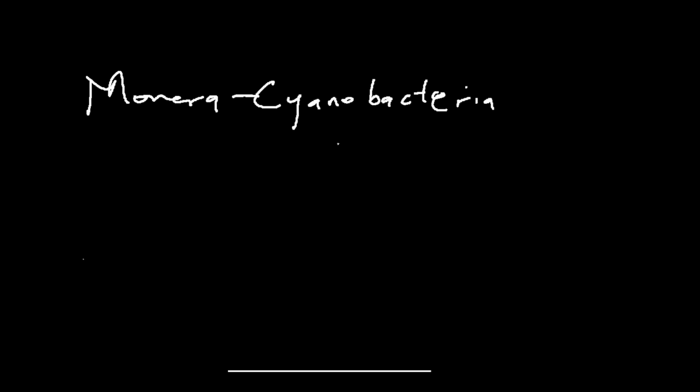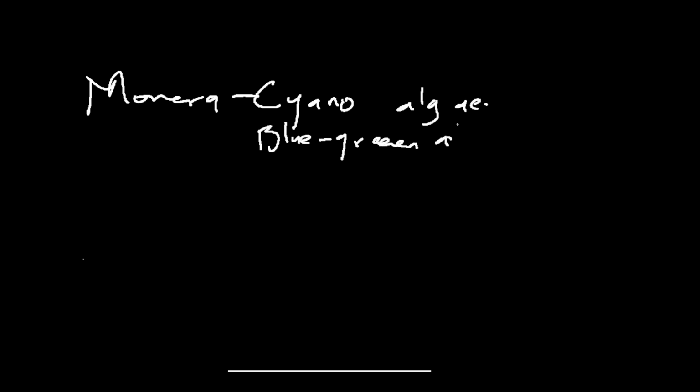Let me use that word, cyanoalgae, so you don't get confused. In some textbooks you will see the same thing as blue-green algae. And the other type of monera that we have is the bacteria.